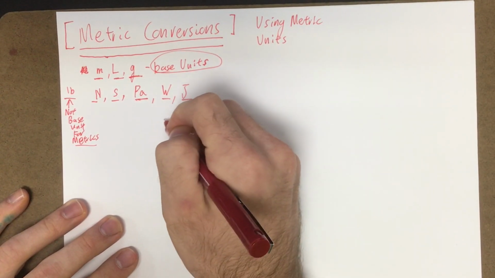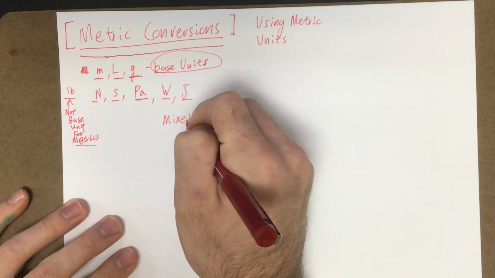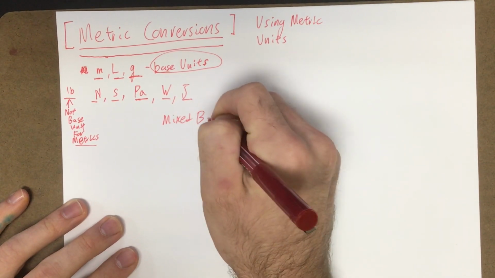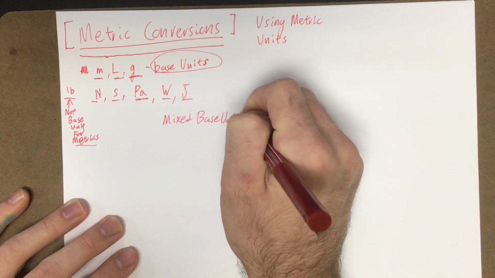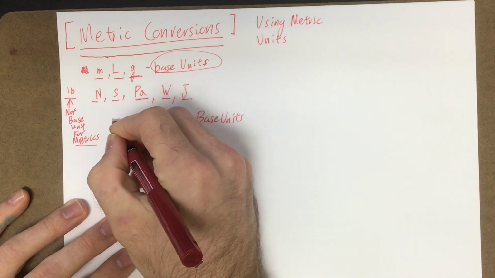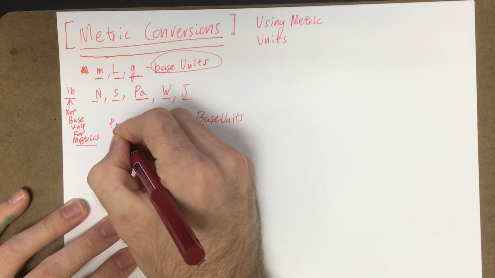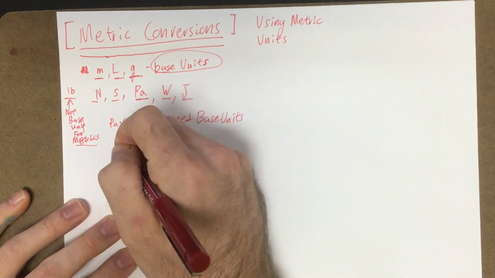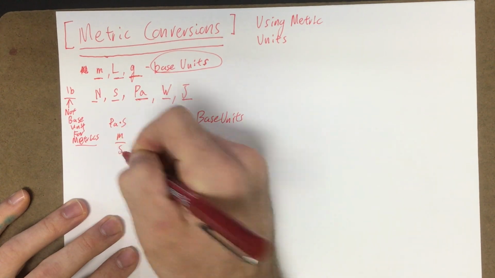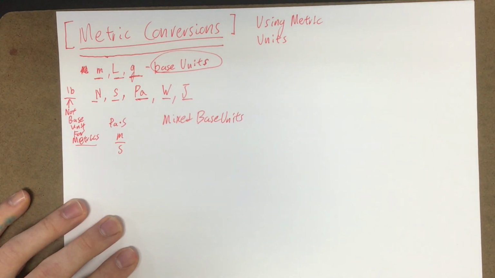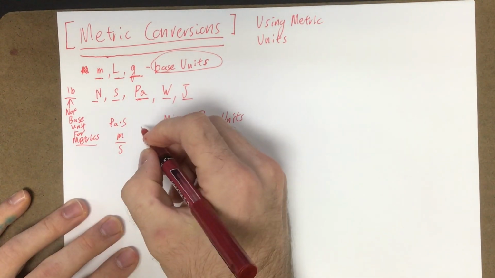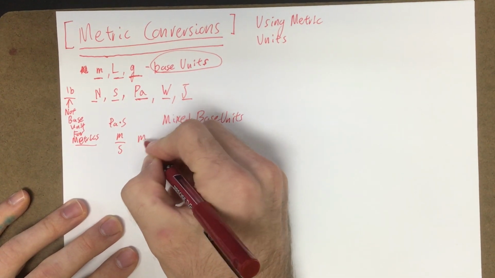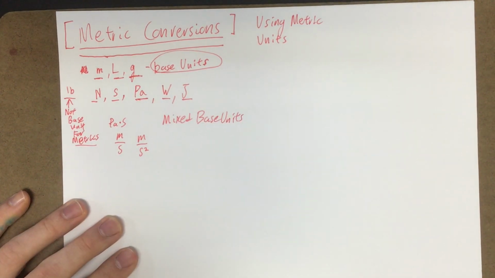We also have mixed base units. So for Pascal seconds, so that's pascals times seconds. And then we also have meters per second. And then we have meters per second squared.